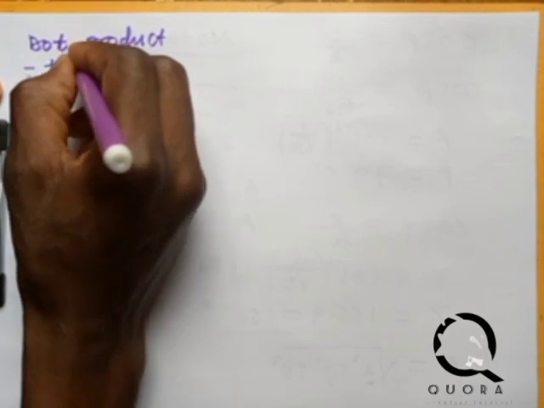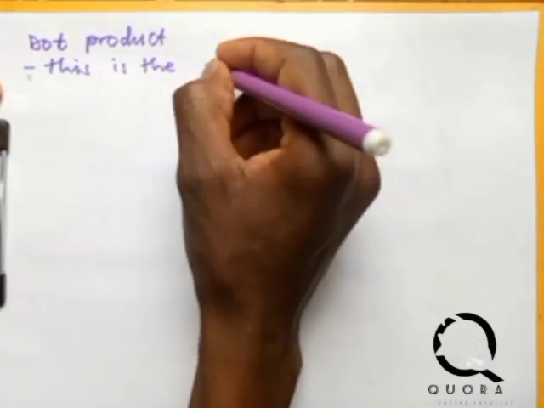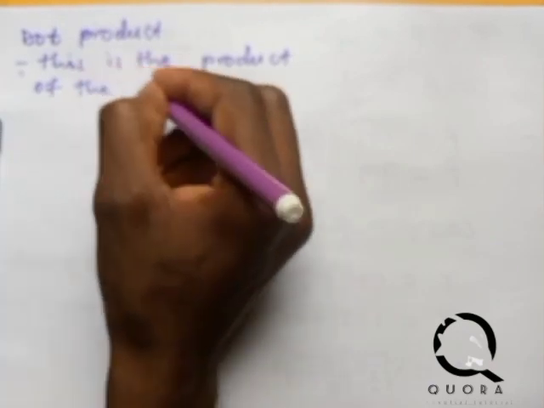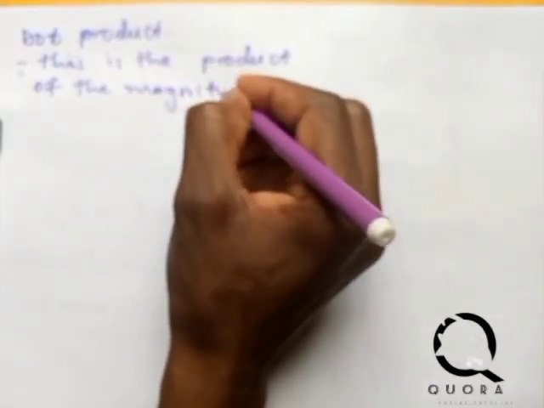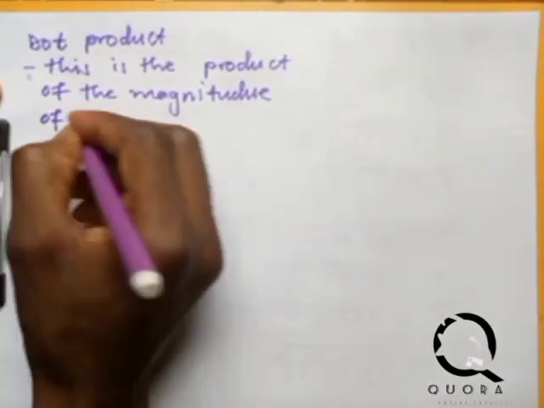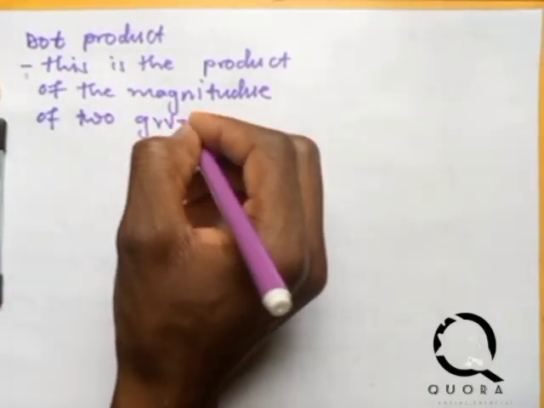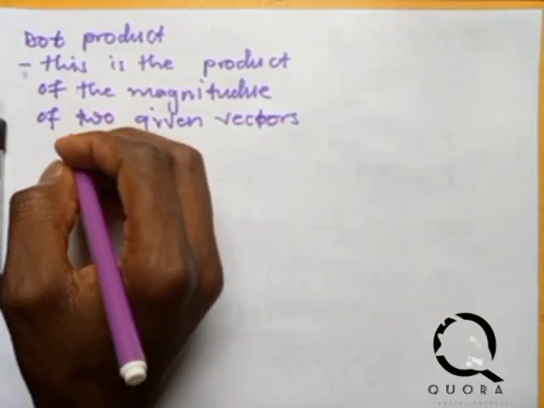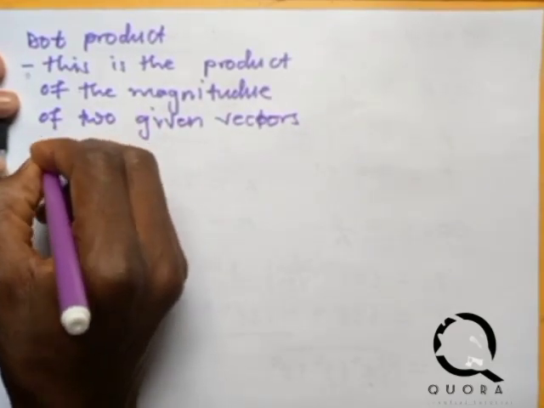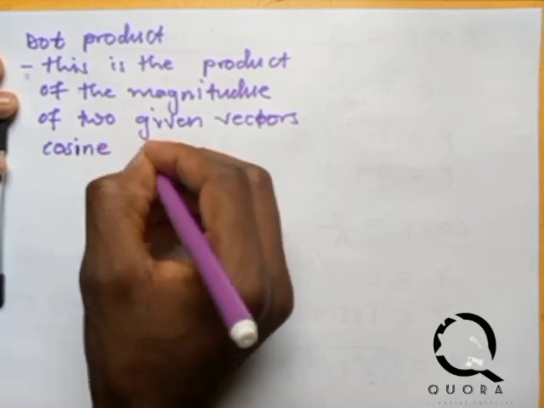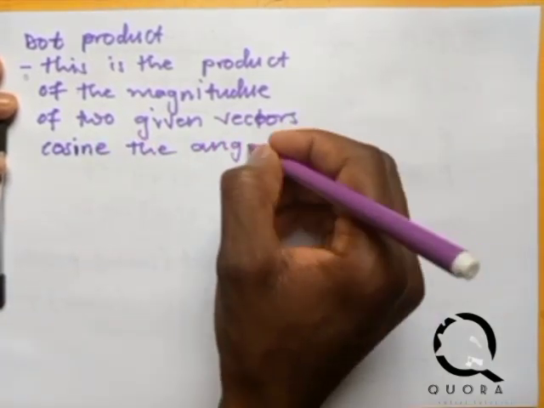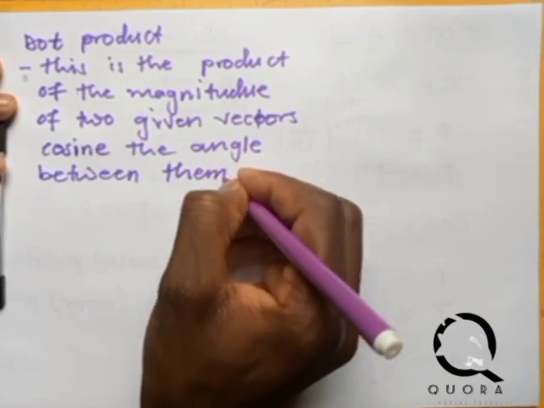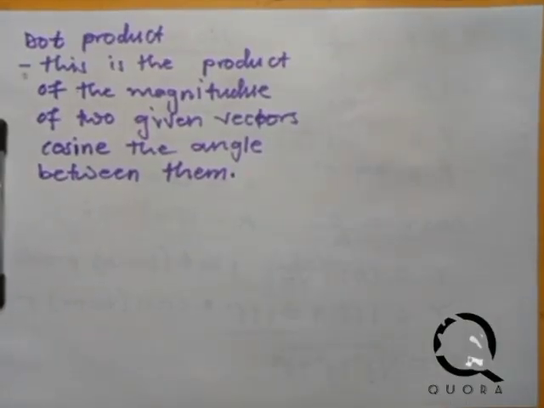I'll say this is a product of the magnitude of two given vectors, cosine the angle between them. Okay, cosine the angle between them.